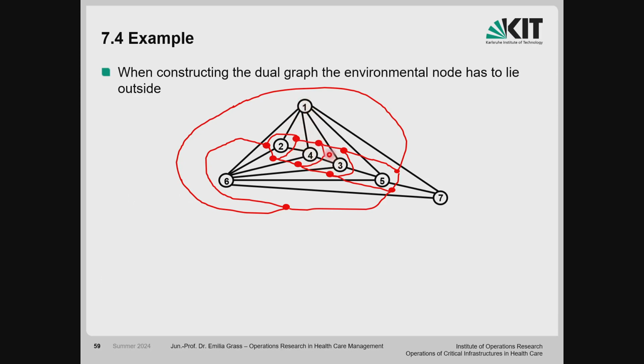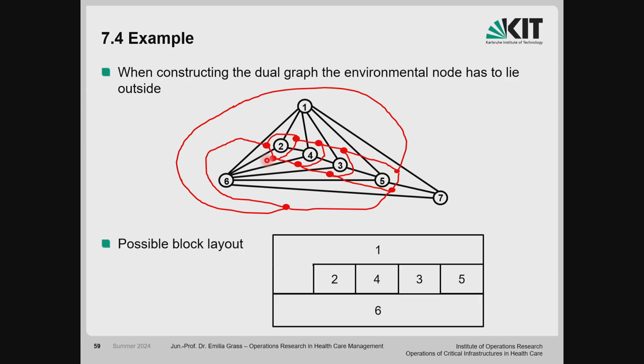Here's a facet, and you get one node in the dual, and so on. And all the nodes are connected with each other through edges. Then we have a dual representation of the planar graph here. Based on this dual graph, we can now get this kind of block structure, that is more easily arranged. It could look like that, but not necessarily.